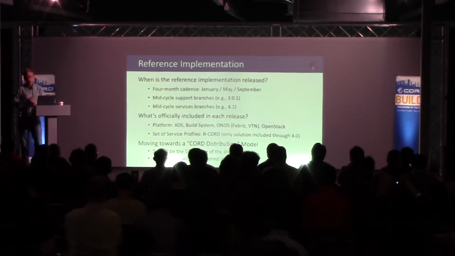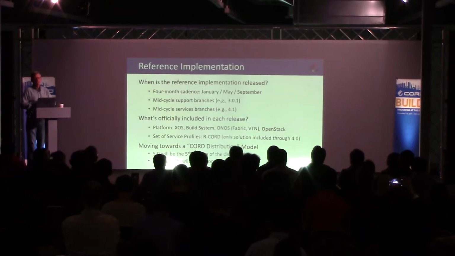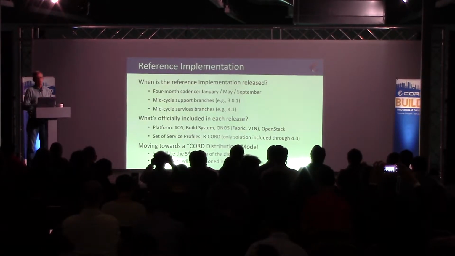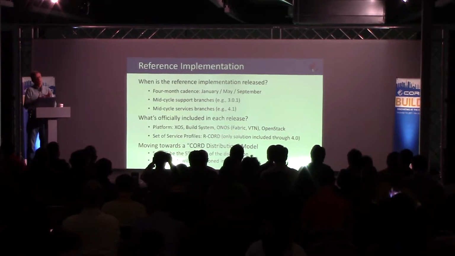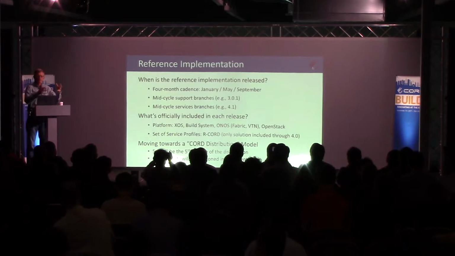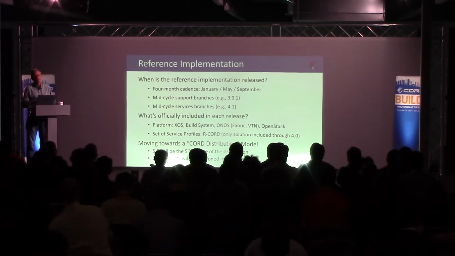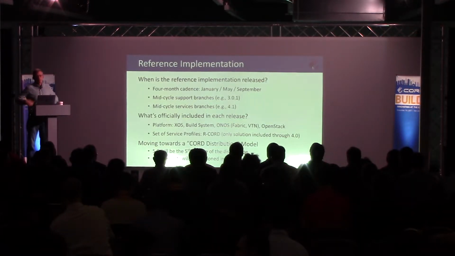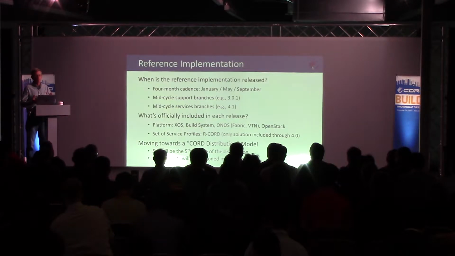Which begs the question, what's in a release? And this is an evolving thing. The very first release that we had, 1.0, was pretty tightly integrated with Rchord, and we've been slowly but surely isolating the platform and making Rchord one of many solutions you can build, or profiles you can build, on Chord. So each release includes the platform.